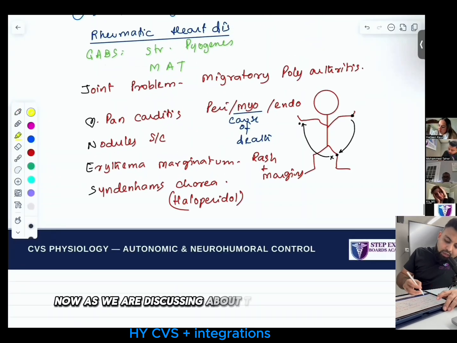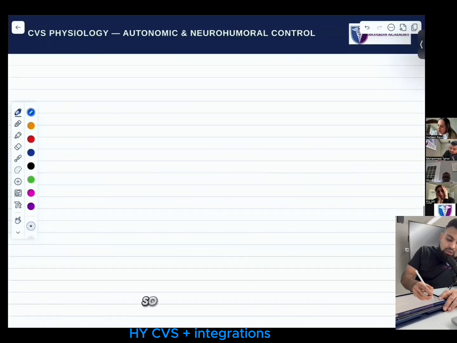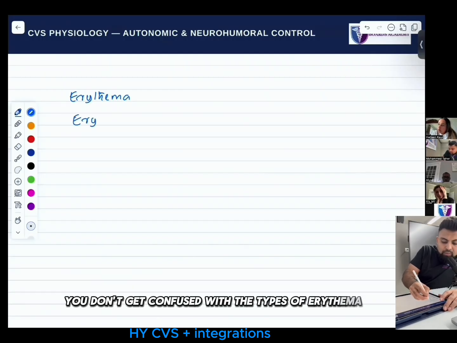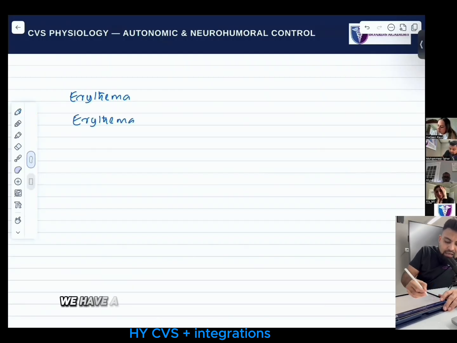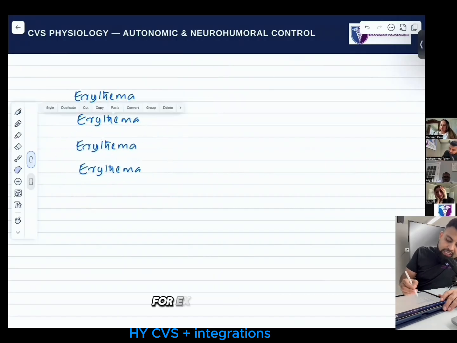Now, as we are discussing the types of erythema, I'll quickly revise all the different types so that you don't get confused. We have different variants of erythema.